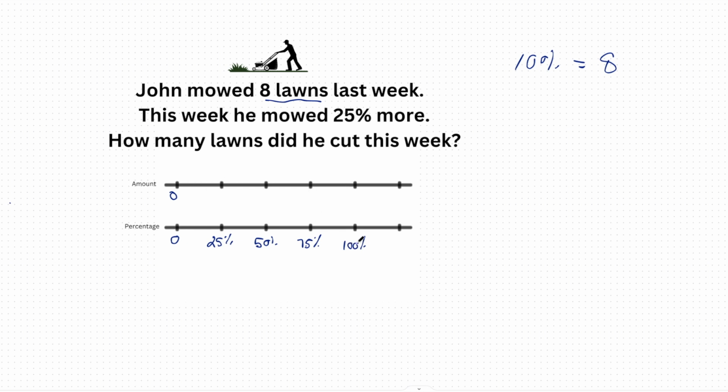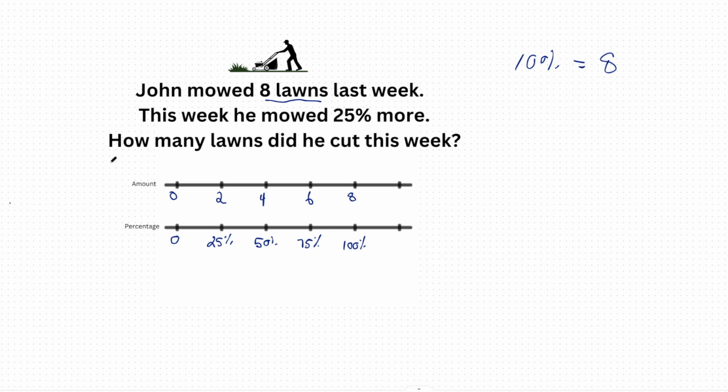Well, I know that 100% is 8, so 8 lawns is 100%. And I know that 25% is 1/4, and 1/4 of 8 is 2. So 25% is 2 lawns, and then I'm going to add another 2. So 50% is 4 lawns, 75% is going to be 6 lawns, and again, 100% is 8 lawns.